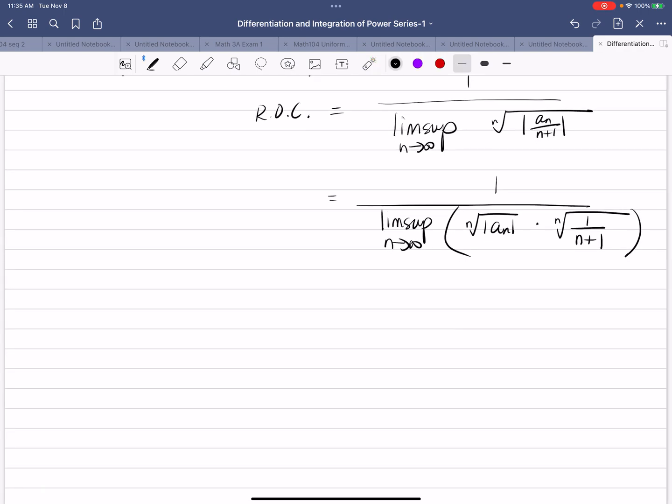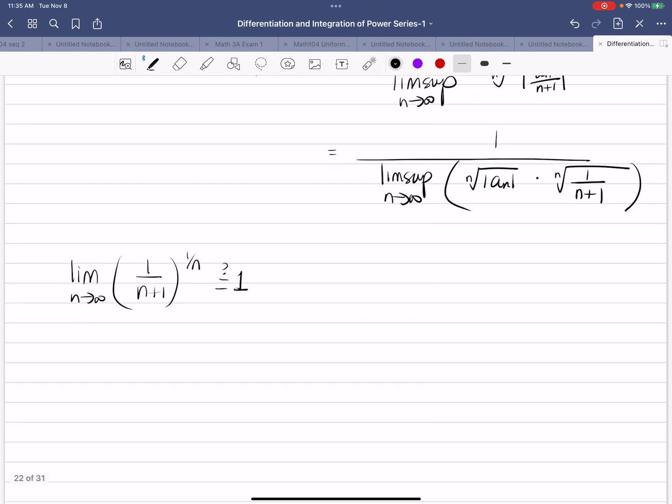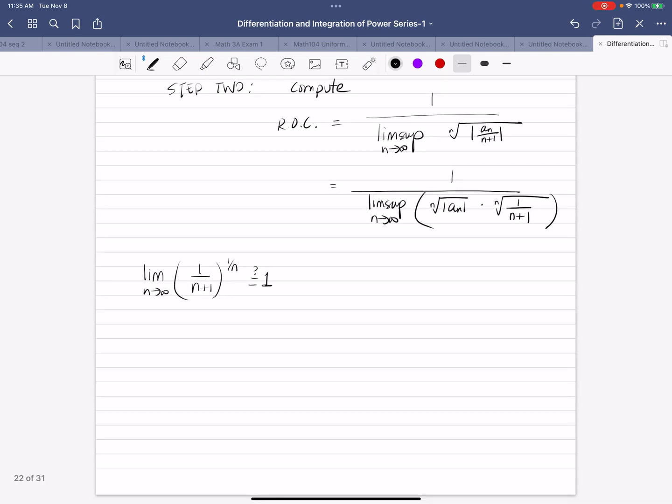So let's compute the limit as n goes to infinity of 1 over n plus 1 to the 1 over n. Hopefully it's equal to 1, right? So I'm just going to rewrite 1 over n plus 1 to the 1 over n as e to the natural log of 1 over n plus 1 times 1 over n.